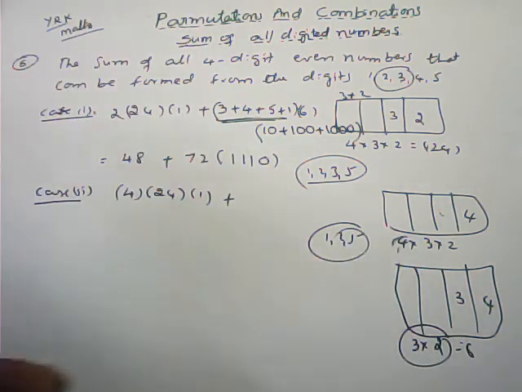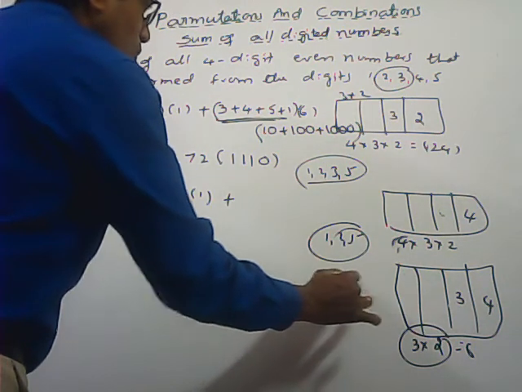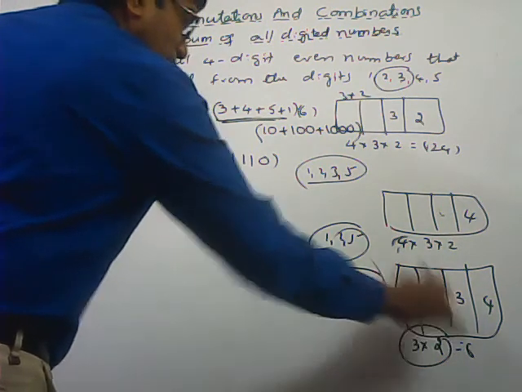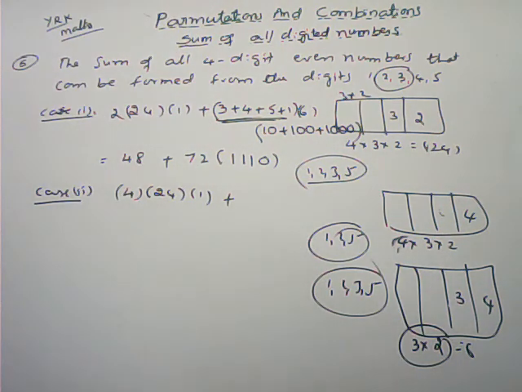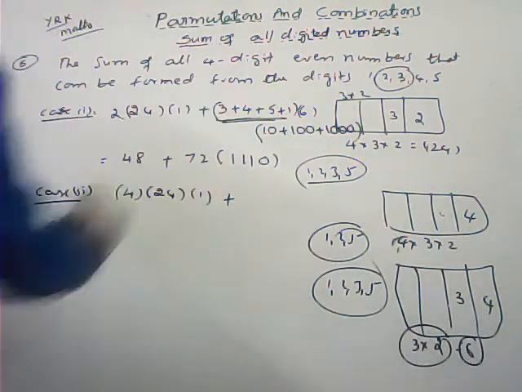Total 6. Now in these 3 places, whatever be the digit, either 1 or 2 or 3 or 5, in every position of these 3, every digit is repeating how many times? 6 times.